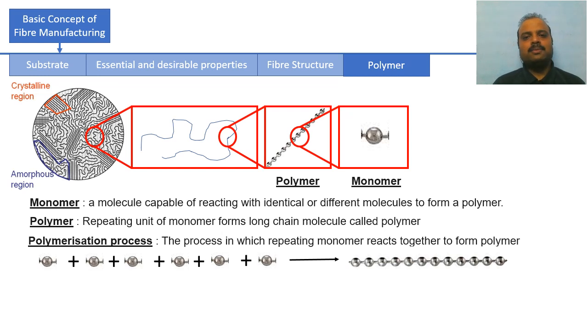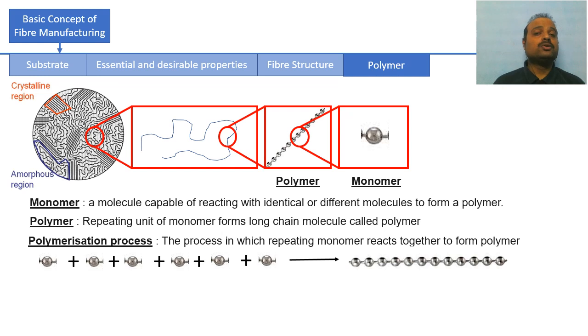Generally, these man-made fibers are made in factories, and the factories convert monomer into a polymer and polymer into a fiber. The whole process of conversion of monomer to preparation of a polymer happens in a reactor. So a reactor is nothing but a kind of instrument. It's very similar to our pressure cooker. In this pressure cooker, you just put a monomer, heat it up.